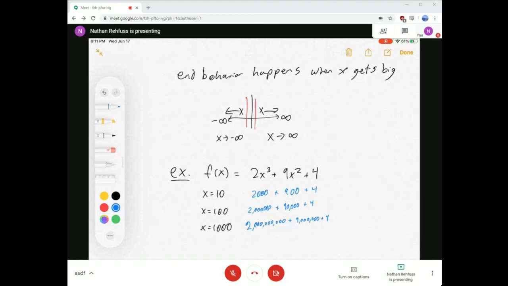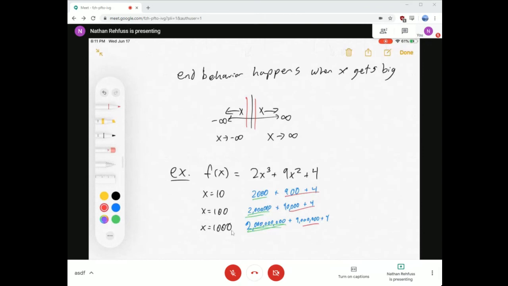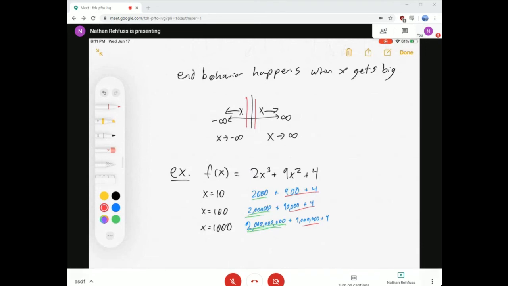So, as x gets bigger, the leading term is getting bigger and bigger and bigger, whereas, relatively speaking, the rest of the polynomial is getting smaller and smaller in comparison, to the point where if I go out to 1 million or 1 billion, the output is almost entirely determined by the leading term, and the rest of the terms of the polynomial, no matter how many they are, can't even make a dent in it.